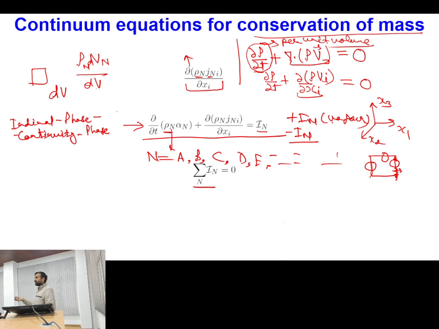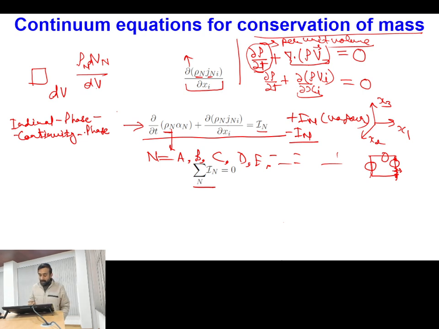If chemical reactions are happening, one type of reactant will lose its mass and get converted to some product, and the product will keep on increasing its mass. So that's why we call this equation the individual phase continuity equation. The meaning is, if I take any component, I have to separately write this equation for each and every component present in the system.